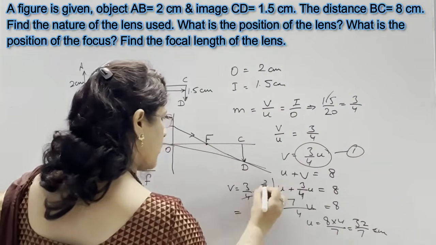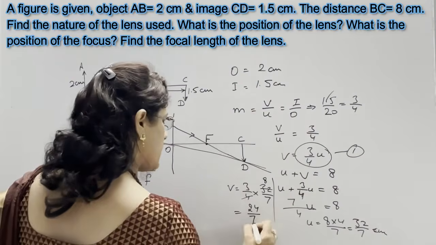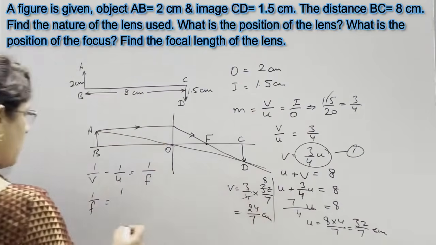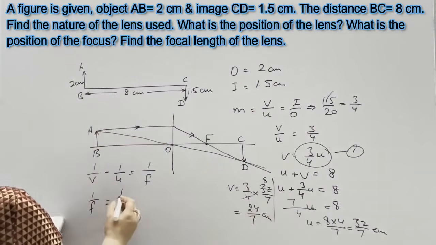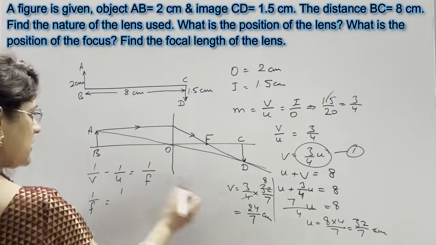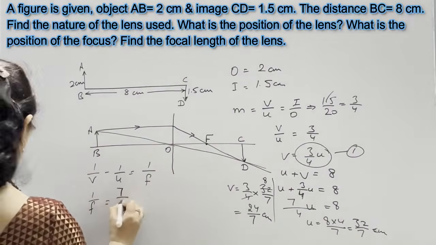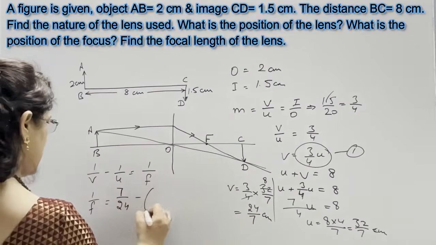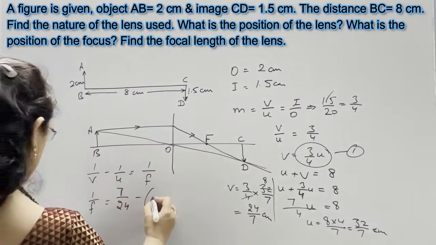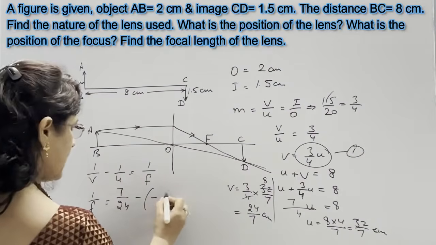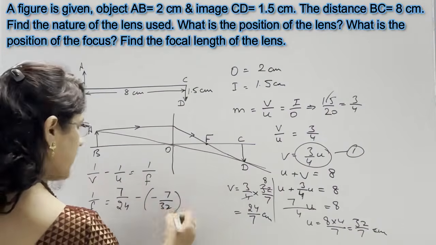So it means 4, 8, 8, 3, 24 upon 7 centimeter is the value of V. And we are placing this value here. So the value is 24 upon 7. So 1 upon 24 upon 7 becomes 7 upon 24. Then minus, and the value of U is minus 7 upon 32.